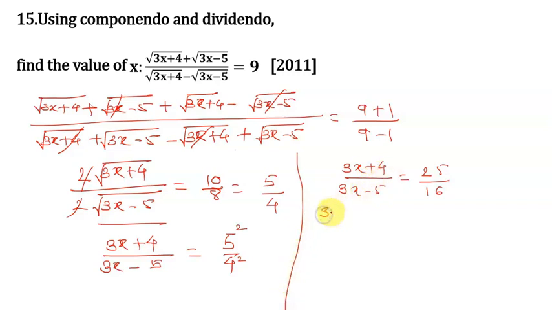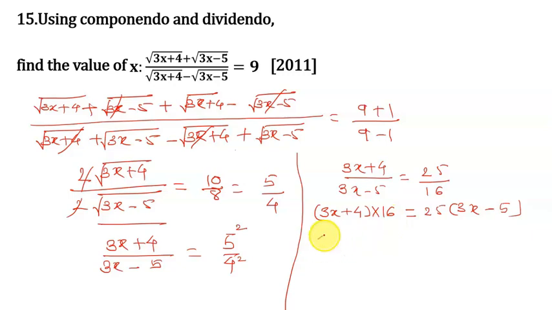Here is (3x plus 4) into 16, and that is equal to 25 in bracket (3x minus 5).